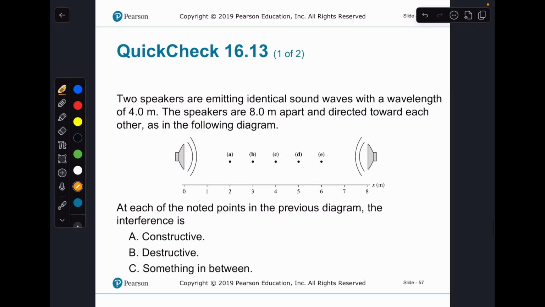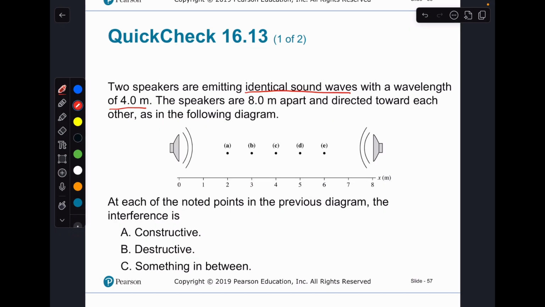So here we go. This is the quick check problem that gave us some issue. And I will take some blame, okay, but not all. So let's draw the wavelength of 4 coming out of the left speaker with red. And if the wavelength is 4, if we start off at 0, that means we're going to end at 0 increasing.